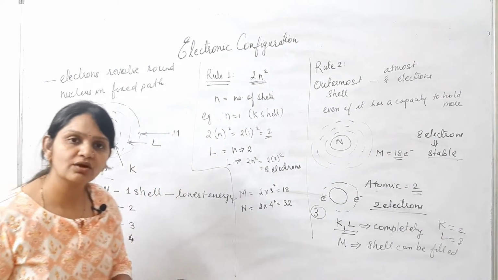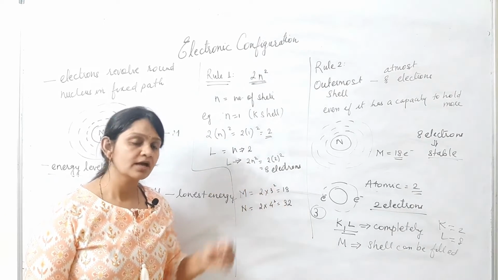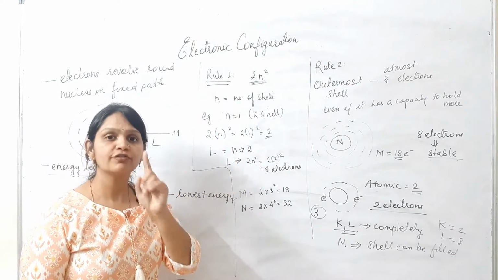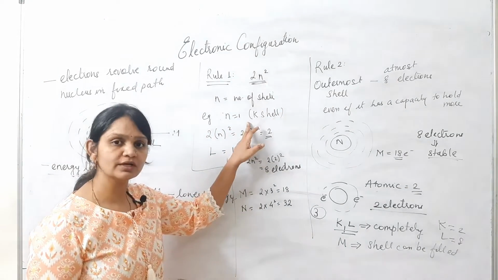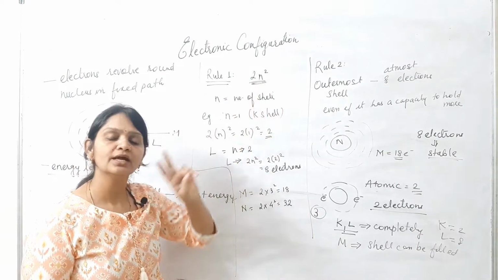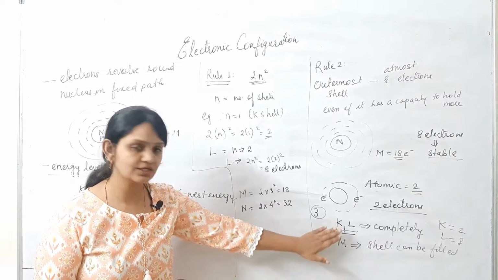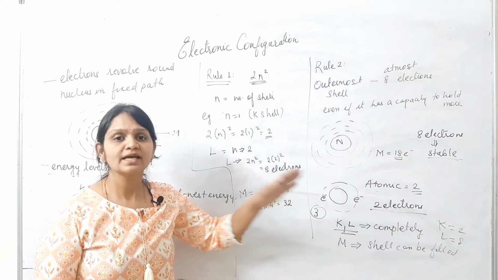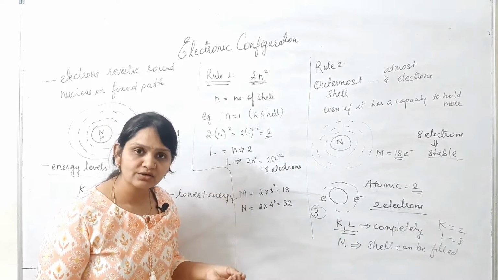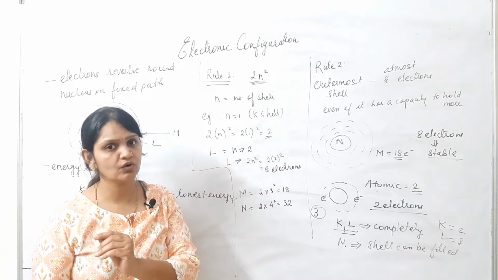The first shell is called the K shell, second L, M and on. The K shell, the first shell where n is equal to 1, following the rule 2n square, will contain only 2 electrons. It can hold only 2 electrons, like in the case of helium. The second shell will contain 8 electrons, third 18, fourth 32 and so on.